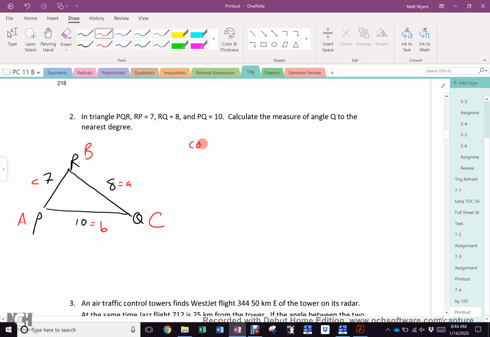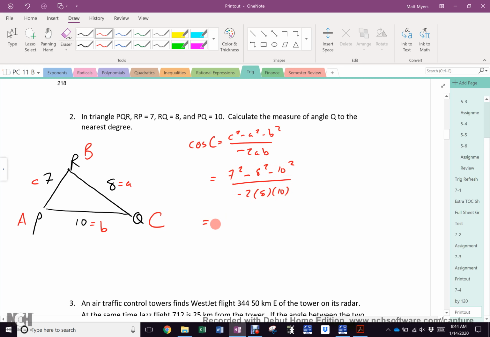Which is cos C equals c squared minus a squared minus b squared over negative 2ab. And then we just fill it in. 7 squared minus 8 squared minus 10 squared over negative 2 times 8 times 10.